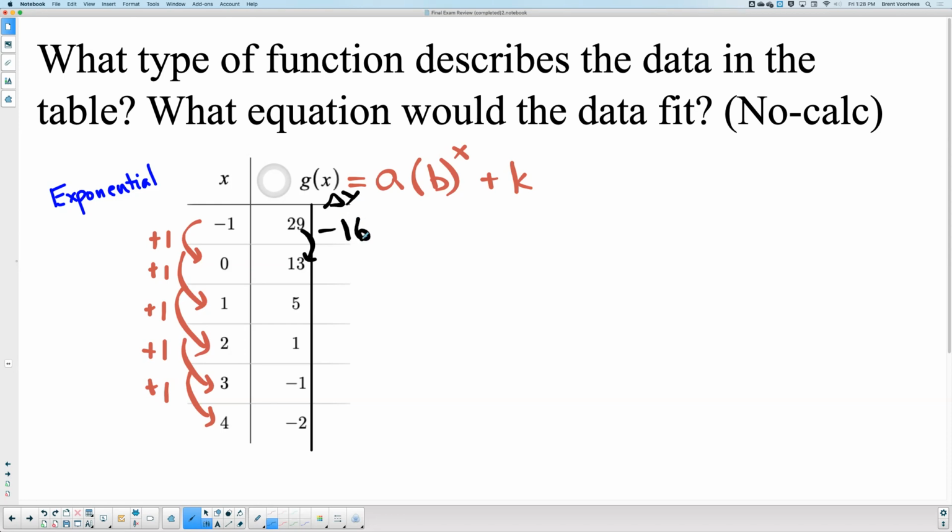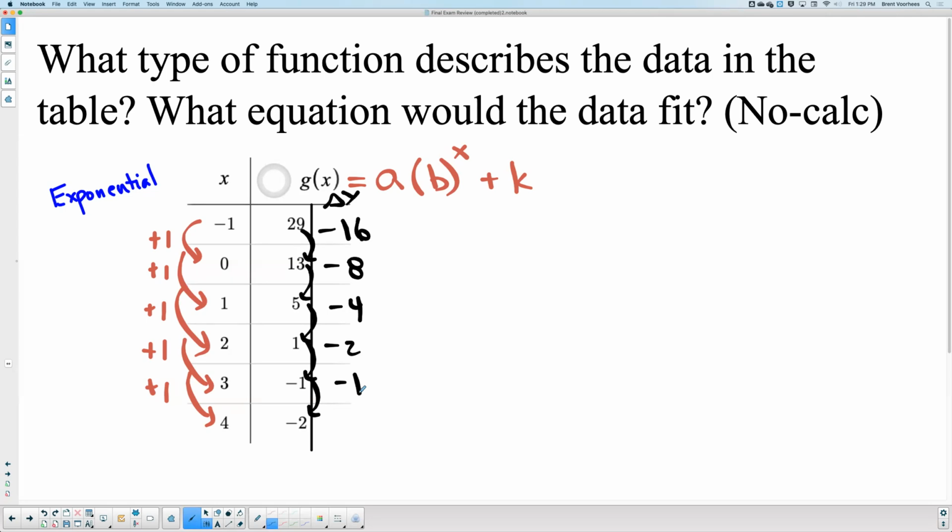What about 13 to 5? Minus 8. 5 to 1? Minus 4. 1 to negative 1, minus 2. Finally, negative 1 to negative 2, minus 1. Okay, there it is.